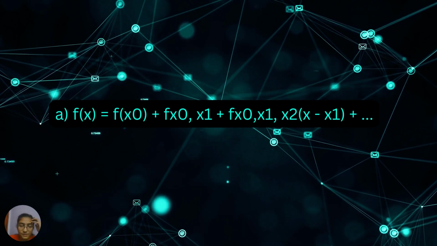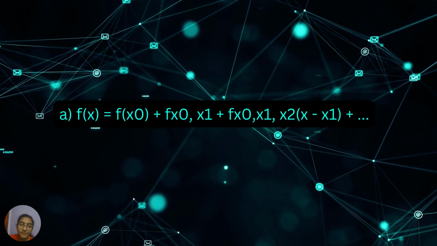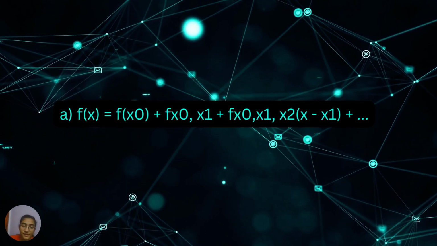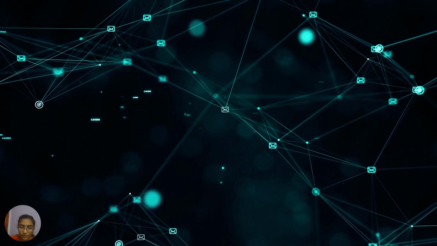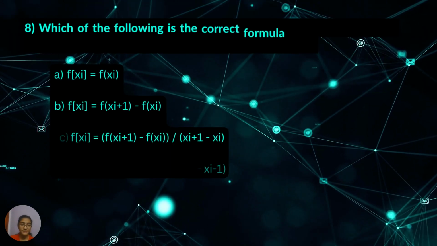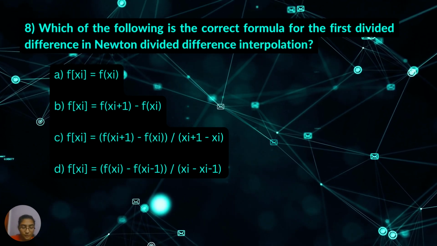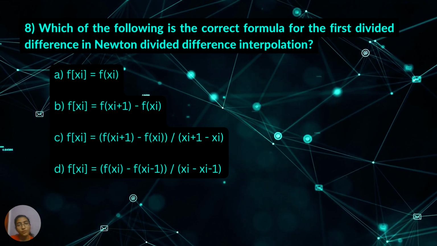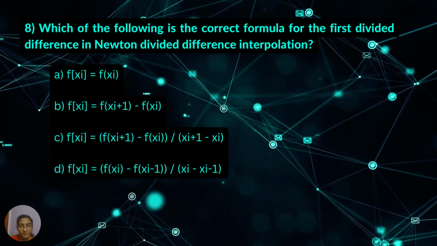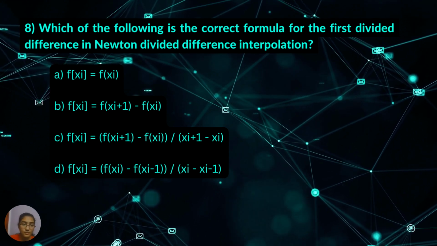F of x is equal to f of x0 plus f of x0, comma, x1 plus f of x0, comma, x1, comma, x2, x minus x1, and so on. We have already discussed these things in the previous video. So if you are not able to comprehend what I'm trying to explain, please do watch the previous video on interpolation, which the link has been given in the description box below.